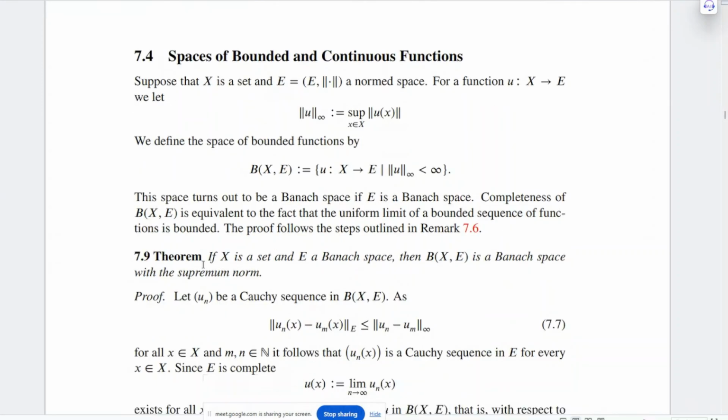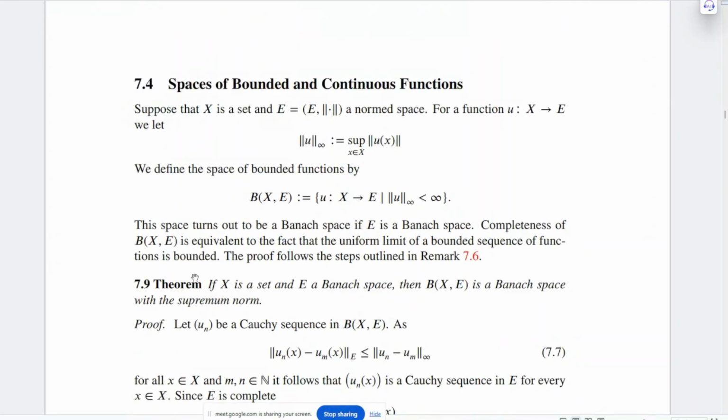What is the next example? The space of bounded continuous functions. Let X be any set and E be a normed space. For u from X to E, you define the norm of u infinity to be the supremum of the norm of u(x).